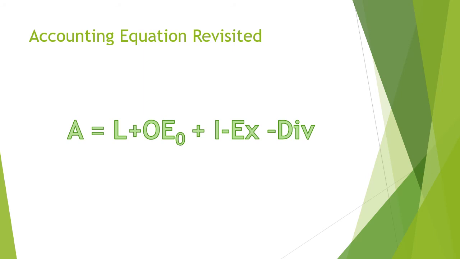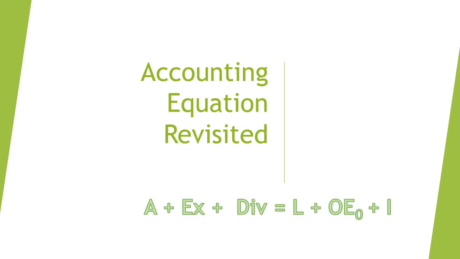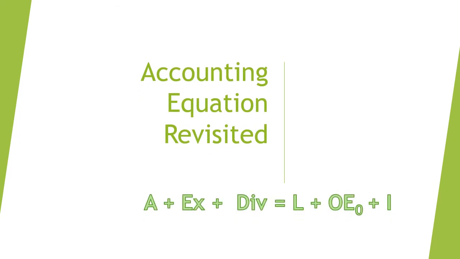Let's move. So let's now visit the accounting equation for one last time. Here, if you see, what I have done is I have rearranged the components of the accounting equation. I have moved all those which had a negative sign on the RHS, that is expenses and dividend, to the LHS.